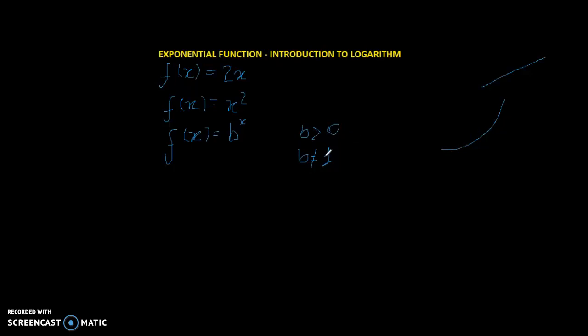But let's go back to the mathematical concept. The graph of the function will look like this. It will grow exponentially if b is bigger than 1. If b is smaller than 1, then the graph will decrease exponentially.